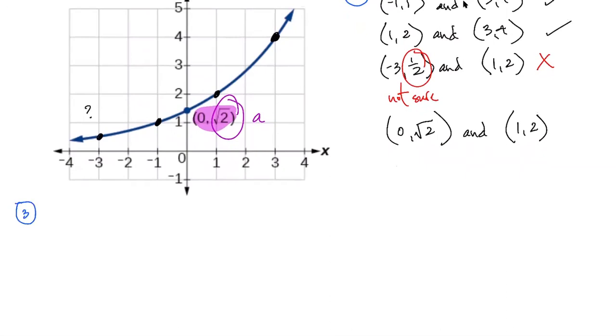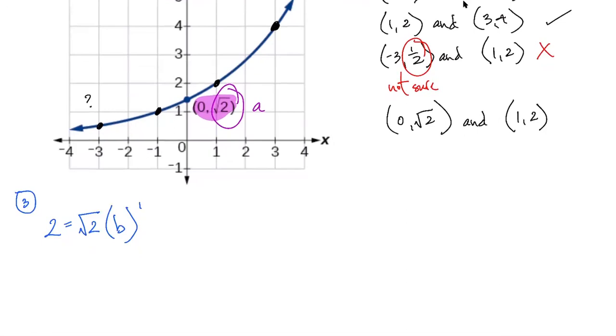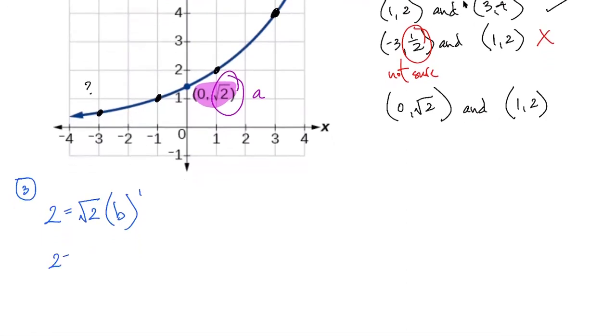So we'll get 2 equals a times b to the power of x. And so my 1, comma 2 gives me my x, comma y. Now, b to the first power is just b. So what is the one step I need to do to get b by itself?